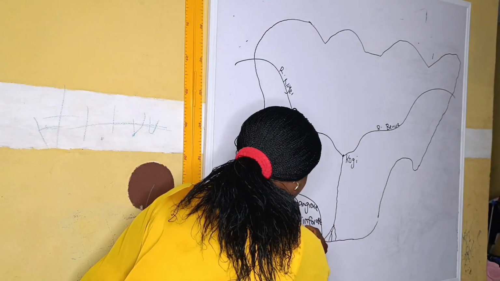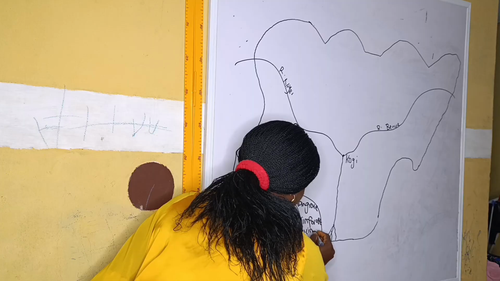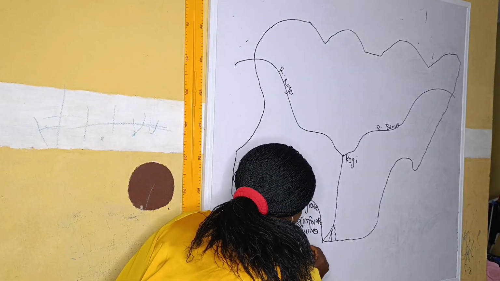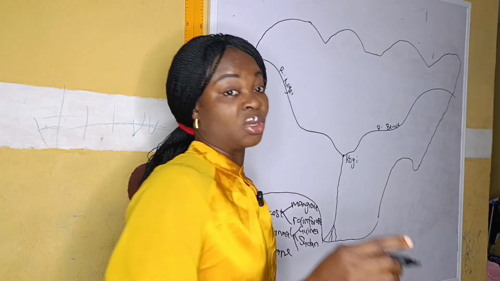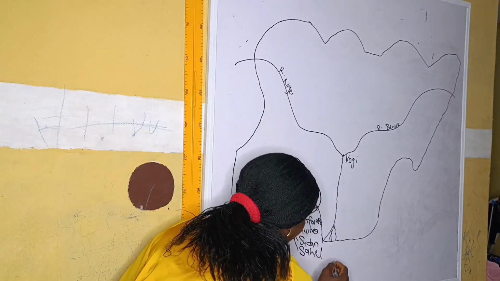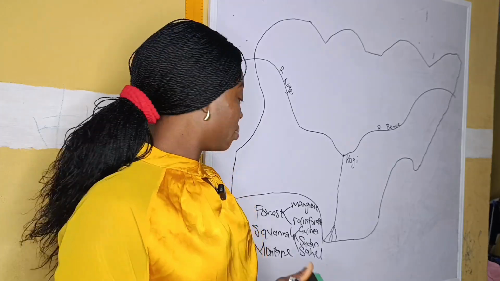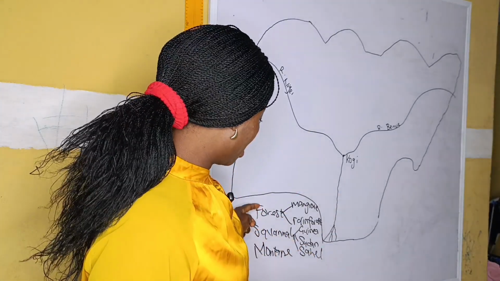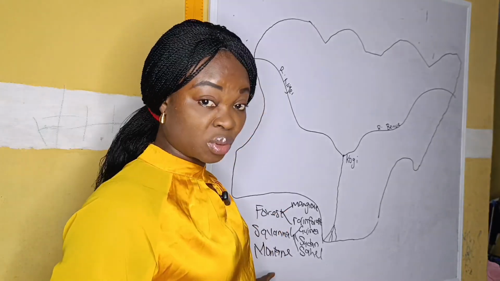The first one is Guinea Savannah, Sudan Savannah, and Sahel Savannah. So the major vegetation zones of Nigeria are forest, savanna, and montane.